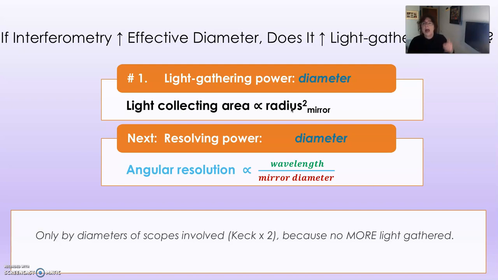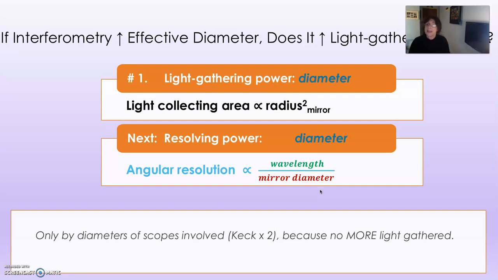So let's think about it. Each one has a radius of 5, so there's 25 times the light gathering power, plus Keck 2 is 25 times the light gathering power, 50 times the light gathering power by using 2 different telescopes, but you don't get to use the 85 meter effective diameter that goes into the resolving power that is for the interferometer and the peaks of those light waves.